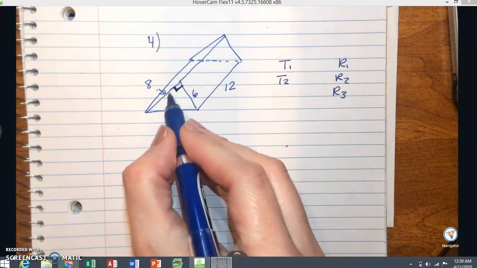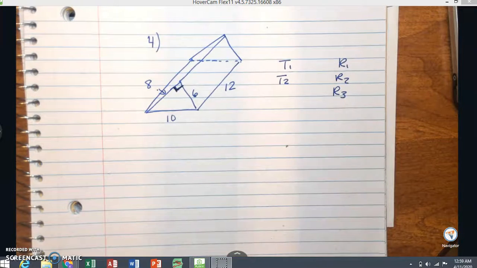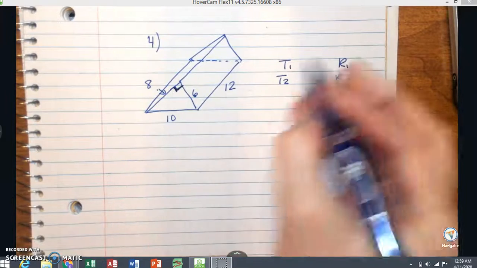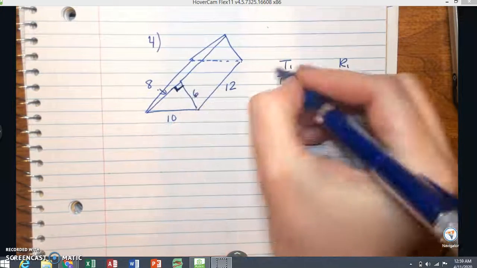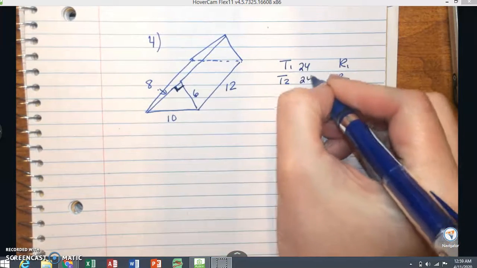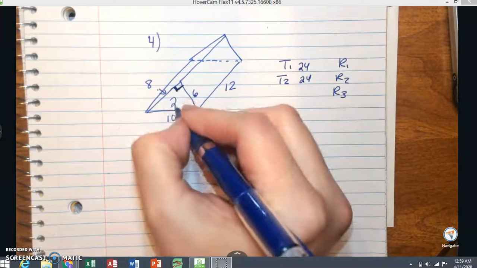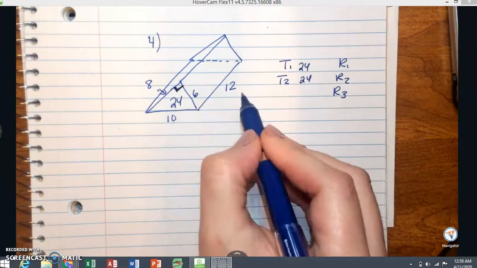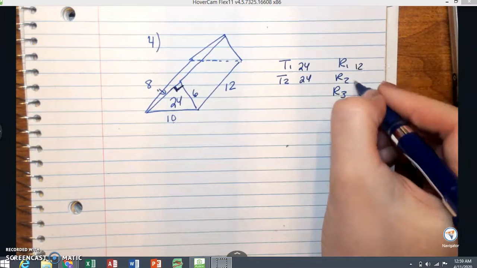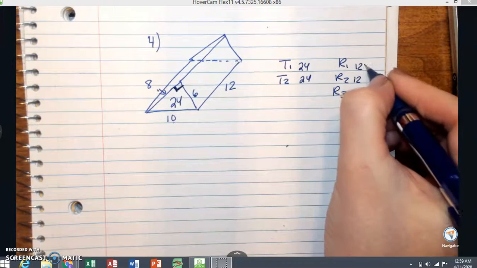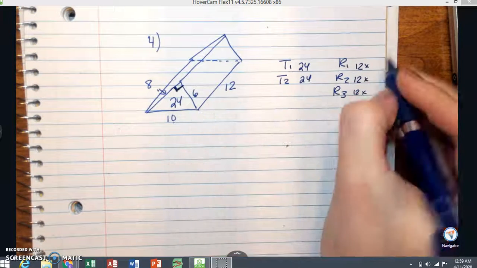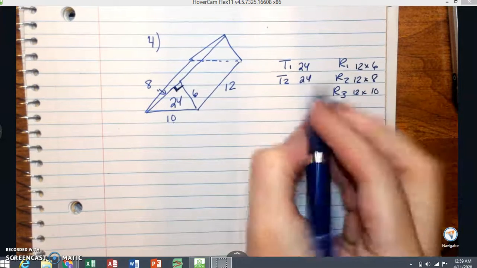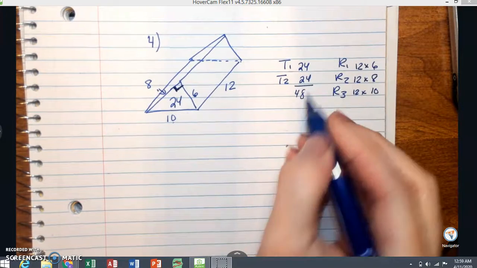So here we'd say half of 8 times 6. So 8 times 6 is 48, and half of that is 24. So that means that each of these triangles is going to be 24. Then you're going to multiply each number that goes around the triangle by 12. So you're saying 12, 12, and 12, and you're multiplying them by each number. So 6, 8, and 10. So when I add these together, I've got 48.